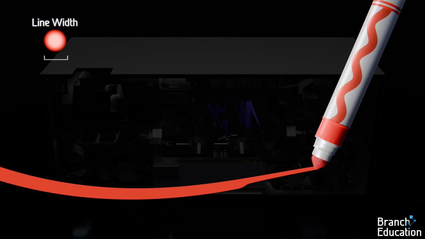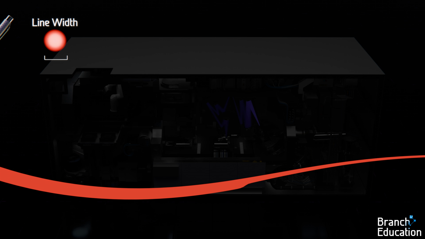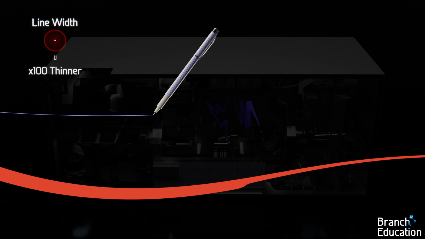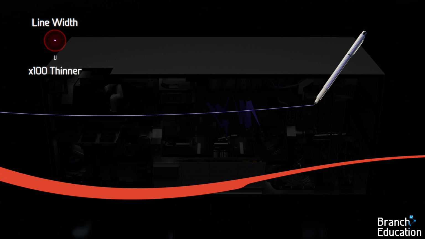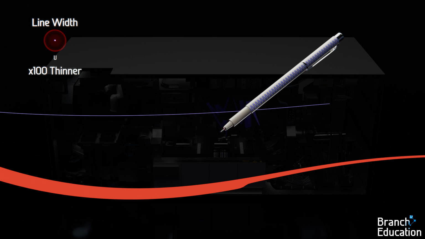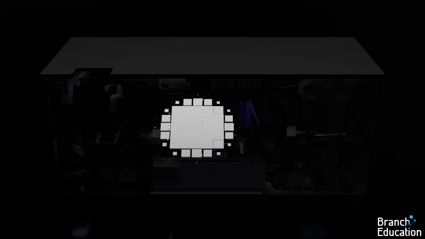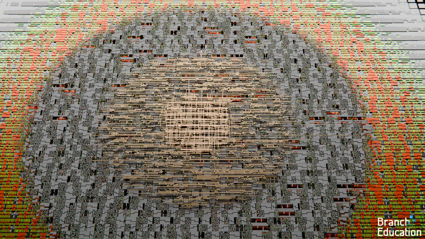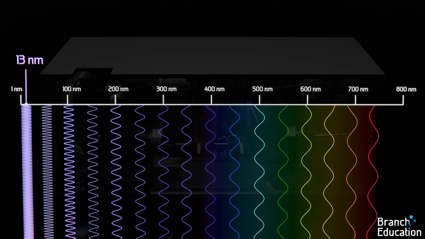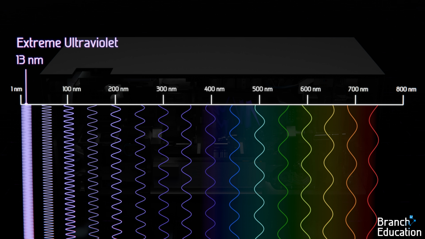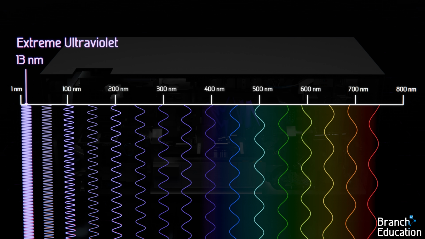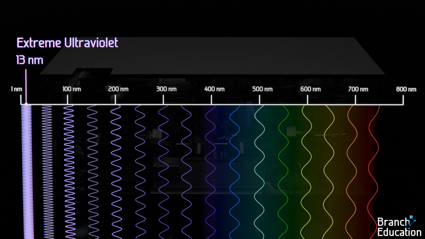You can do tricks like angling the marker, but if you want to draw lines that are 100 times thinner, well then you need to switch pens and use a much smaller, fine-tipped pen. Likewise, to copy designs with dimensions only around 10 nanometers wide, we use 13 nanometer light, which is in the extreme ultraviolet light range of the electromagnetic spectrum.